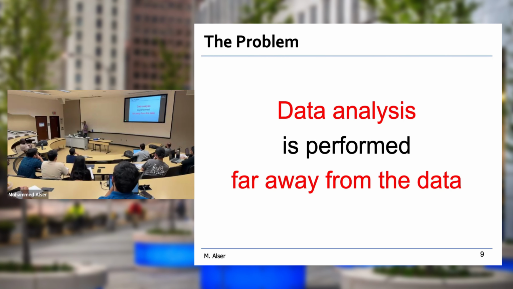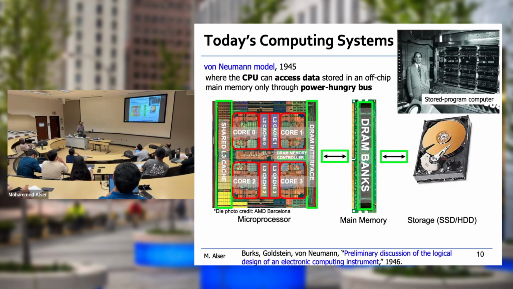But if we know that we are going to often use a single computation, which could be any bitwise operation, AND or XOR, for example, then we could enable this kind of processing where we are storing the data, and there is no need to pass it through the entire hierarchy of the memory. So data analysis is performed far away from the data. Hopefully this is clear, and we emphasize it a lot.